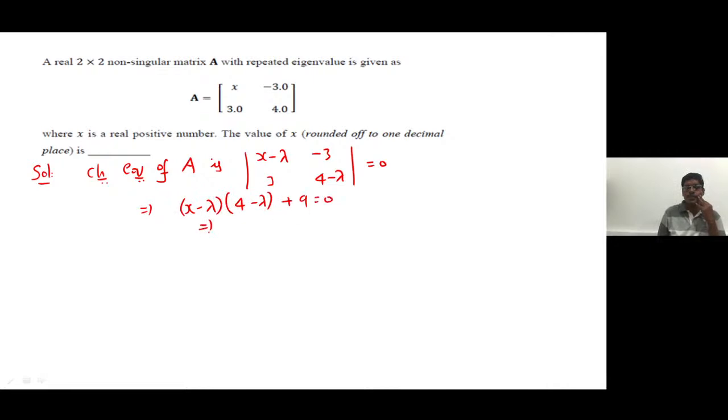So this is, I can write lambda square minus, take lambda common, so minus 4 minus x, and then the other constant terms 4x plus 9, keep it in other bracket. So this is a quadratic equation in lambda.